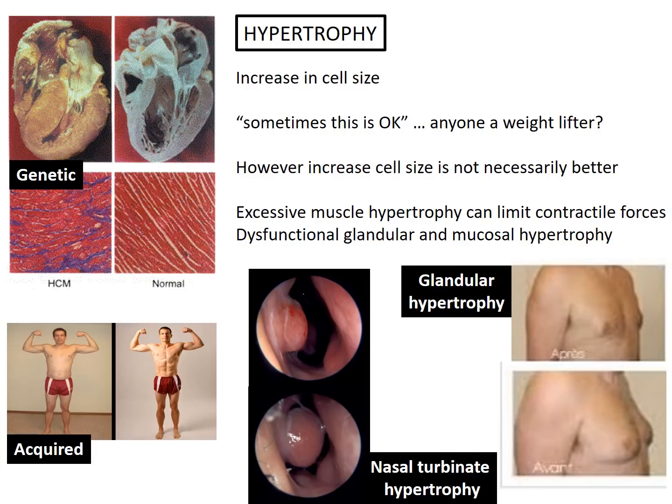Certain men over time will develop glandular hypertrophy, so breast tissue will increase. The technical term for that is male gynecomastia. We'll talk more about that when we get into the endocrine section. So again, these are all examples of hypertrophy where in one case, muscle hypertrophy due to exercise is good, but hypertrophy in these other states is actually pathologic.